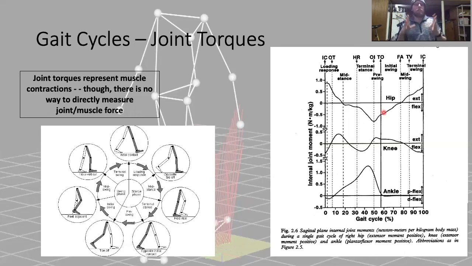And this is where our understanding of levers and torque really come in handy. Remember, there are two types of muscular contractions, concentric and eccentric, right?